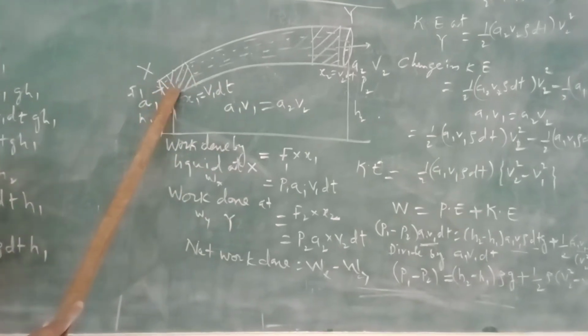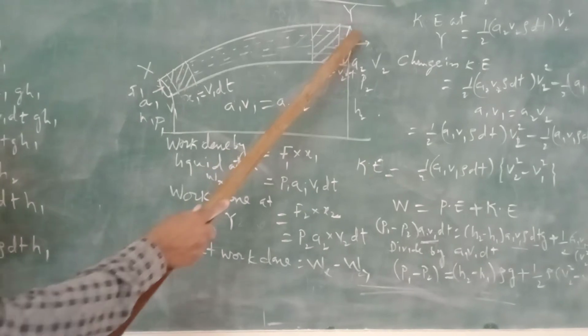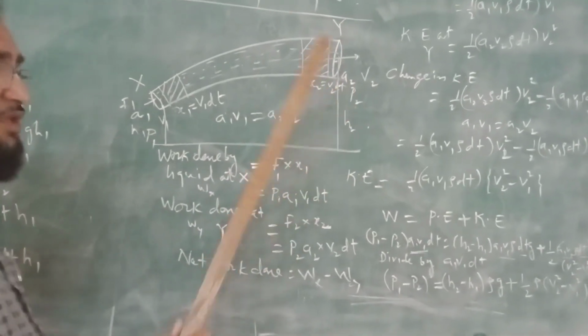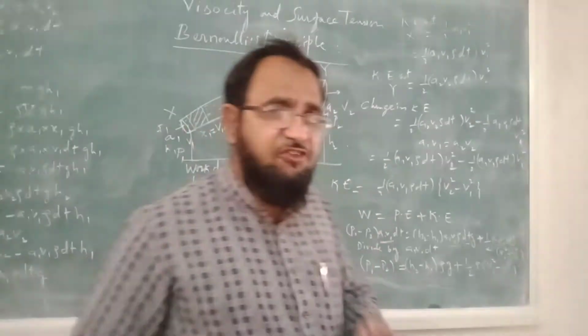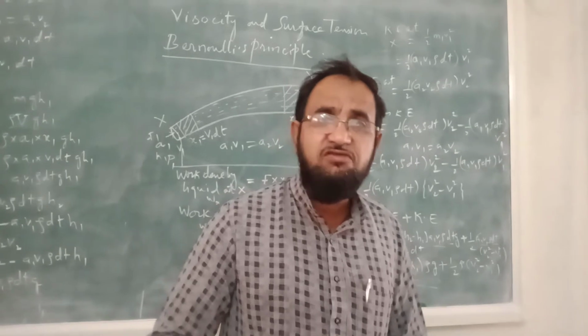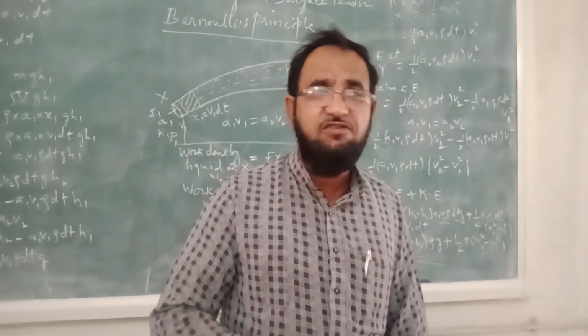The height of this tube from the reference level is h1 and the height of this section Y from the reference level is h2. Now I will find the work done first. Then this work done will do the kinetic energy and potential energy of the liquid.